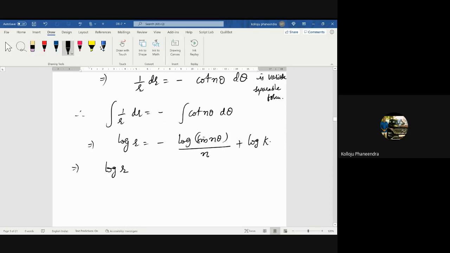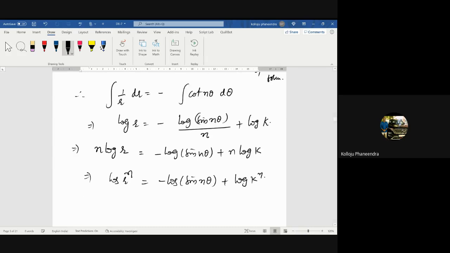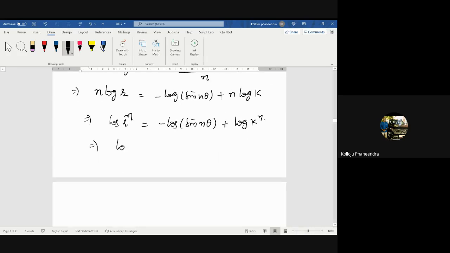Okay. Then if I take n common, this is equal to minus log sine n theta plus n log k. So this is log r to the power of n equal to minus log sine n theta plus log k to the power of n. So log r to the power of n is equal to log of k power n by sine n theta.